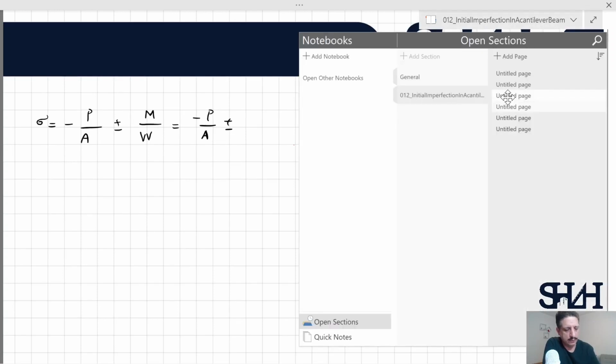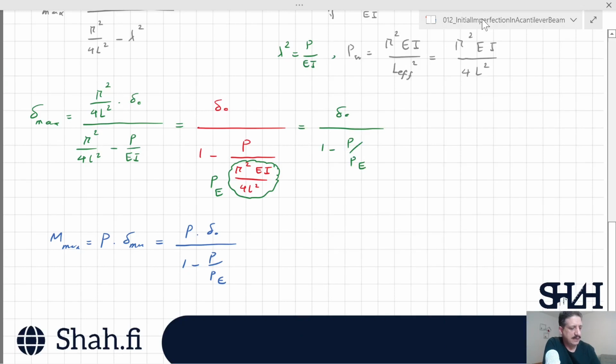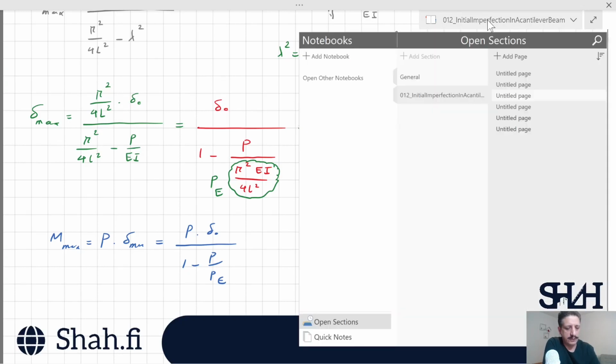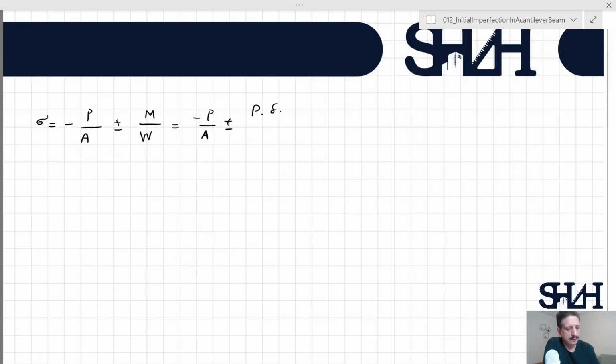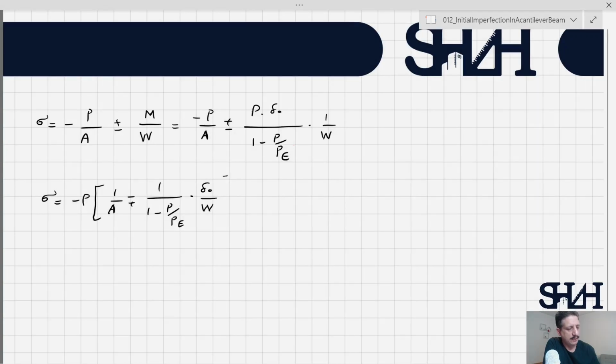Now maximum moment is P delta 0 divided by 1 minus P over Euler force, times 1 over section modulus. So sigma can be written as minus P times 1 over A minus plus 1 over 1 minus P over PE times delta 0 divided by W.